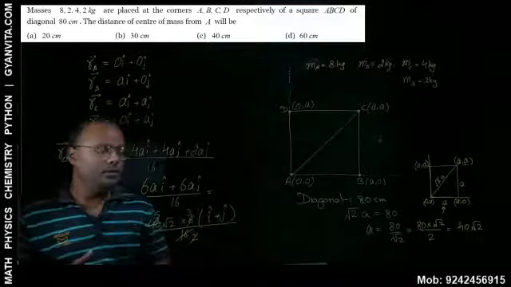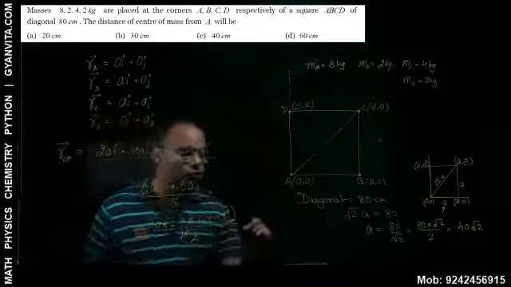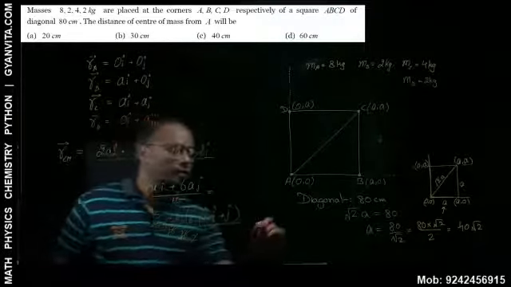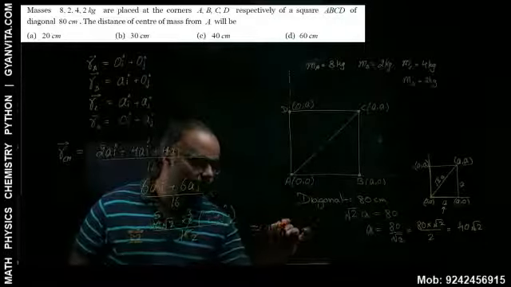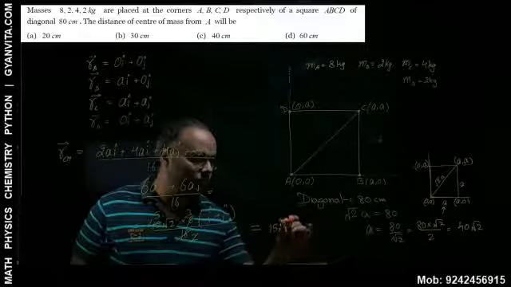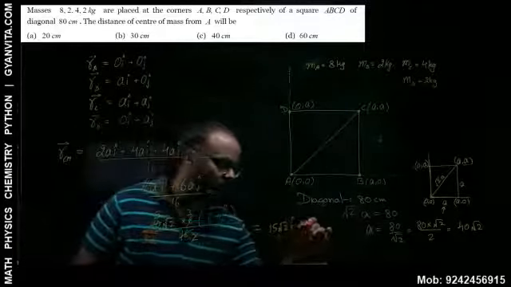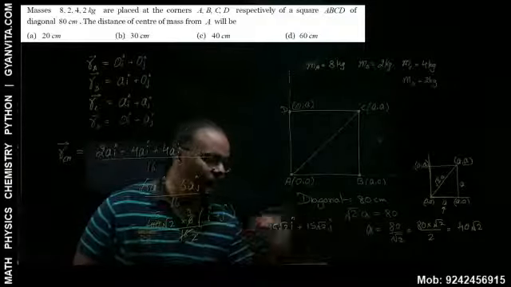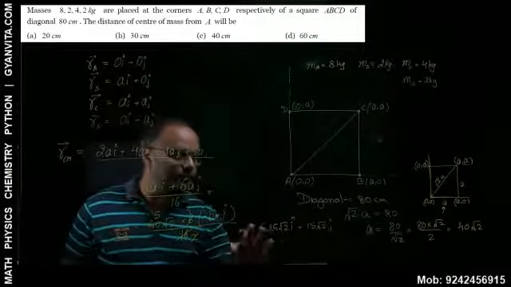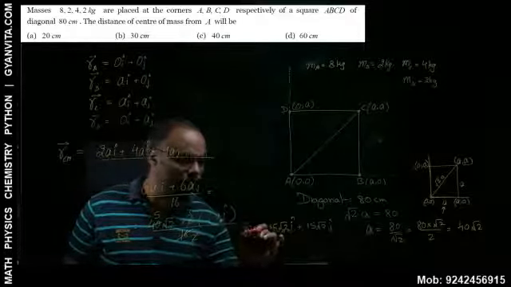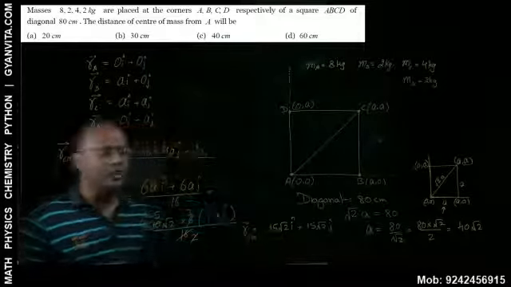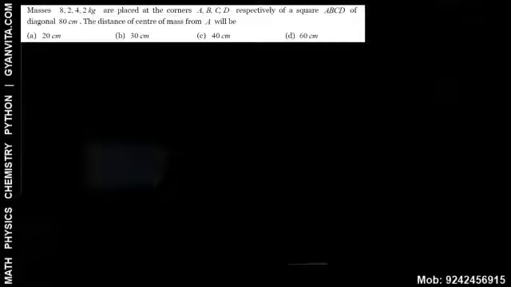So this is 15 root 2. So the final answer will be 15 root 2 I cap plus 15 root 2 J cap. Not final answer. This is actually the position vector of center of mass. That is 15 root 2 I cap plus 15 root 2 J cap.